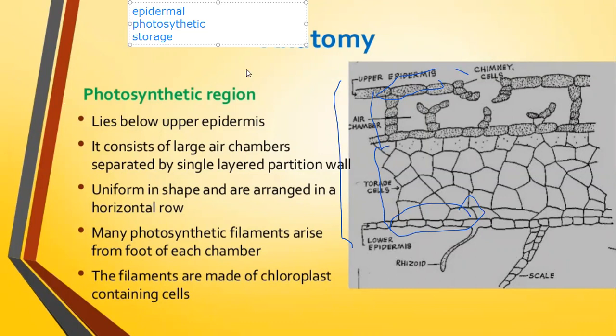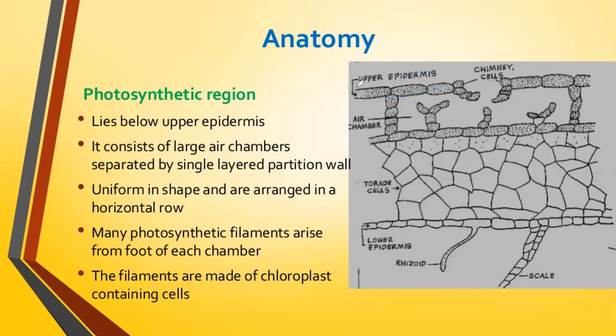So here what you can do is, okay, look at the first layer of cells which you can see in the microscope, this layer, and the last layer of cells, this layer.